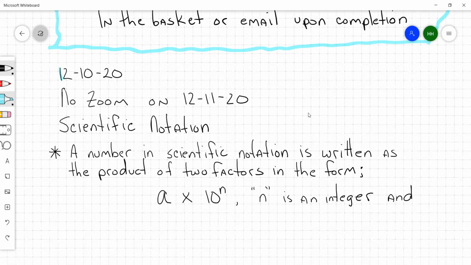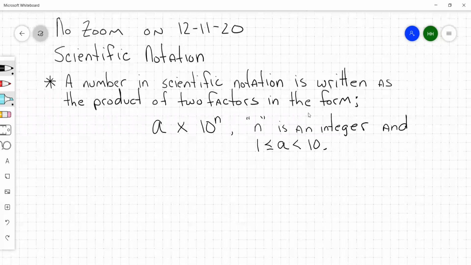And 1 is less than or equal to A, which is less than 10. A times 10 to the nth. This A has to be greater than or equal to 1, and it's got to be less than 10.